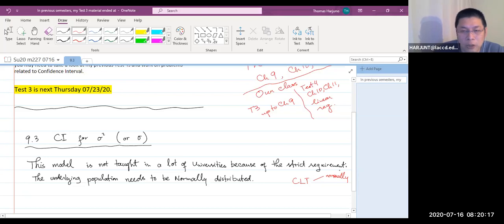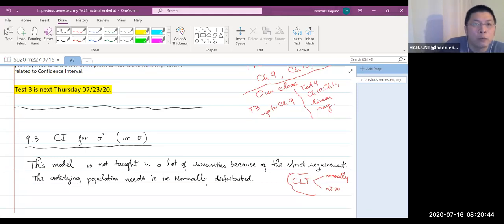As long as it is symmetric, bell-shaped, then with a sample size of 10 or 20, it's already normal. Or another way is that the sample size is at least 30. That's for central limit theorem. The thing with this model is that the underlying population needs to be strictly normal.